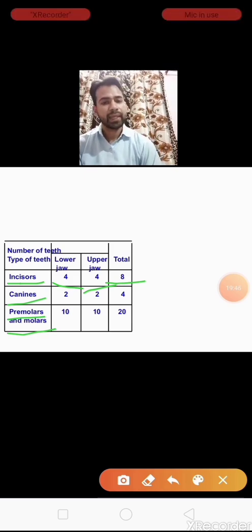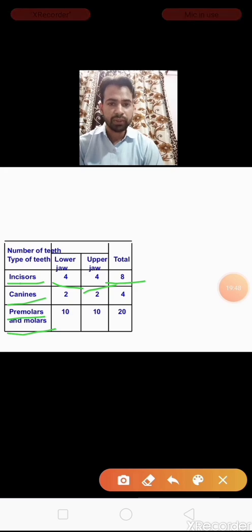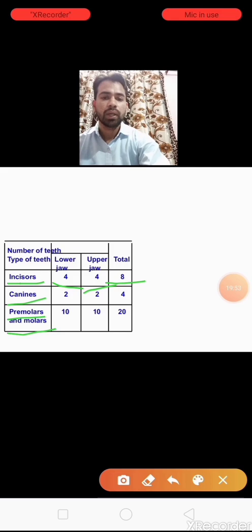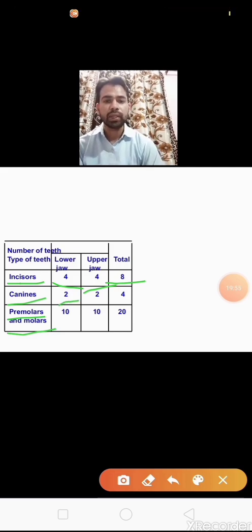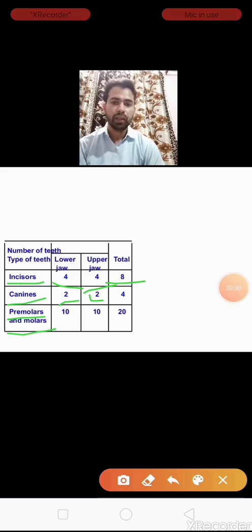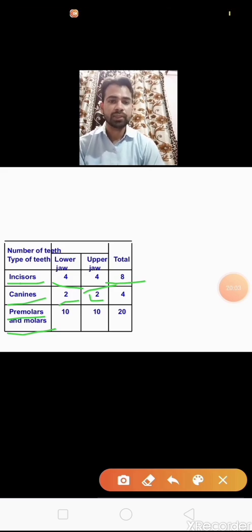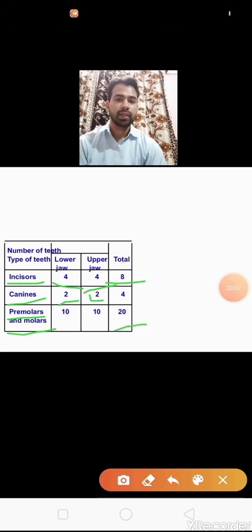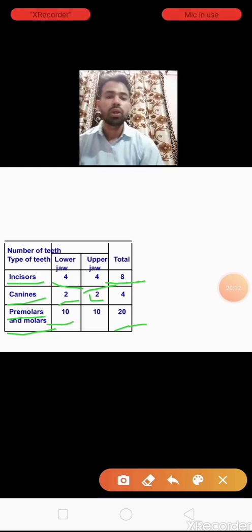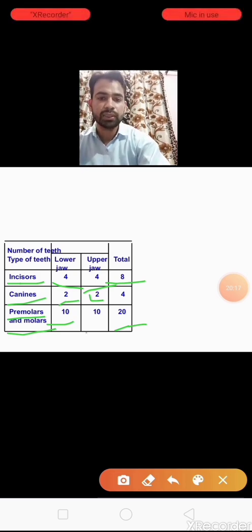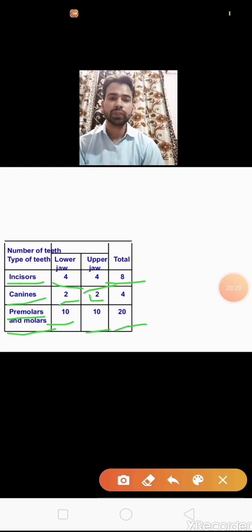Okay. Canines, the total number is 4. 4 canines are found in our mouth, 2 in the lower jaw and 2 in the upper jaw. Okay, premolars and molars, the total number is 20. 10 premolars and molars are found in the lower jaw, and 10 in the upper jaw.